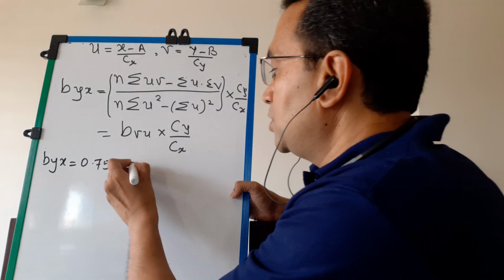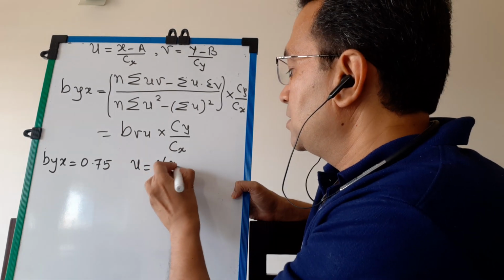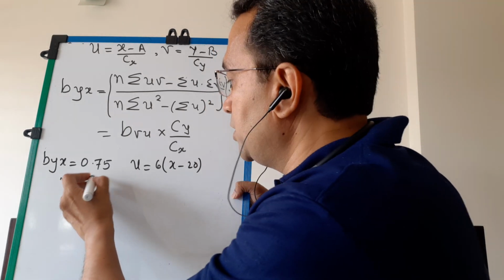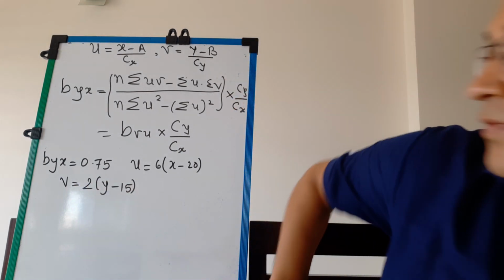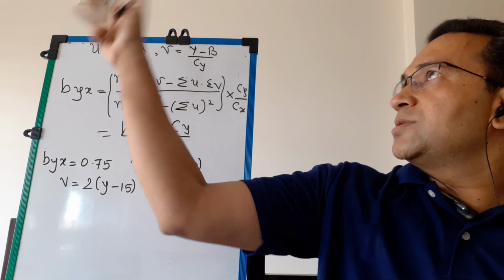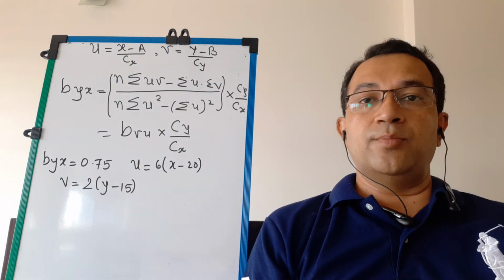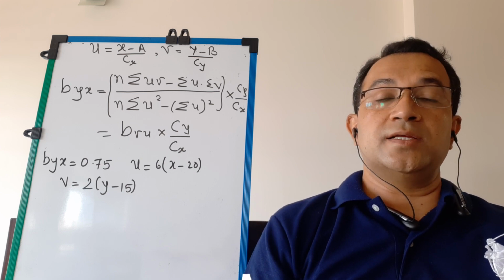Then u is equal to 6 into x minus 20 and v is equal to 2 into y minus 15. Now students, u is equal to (x minus a) upon cx and v is equal to (y minus b) upon cy. So how to get cx and cy is very important.